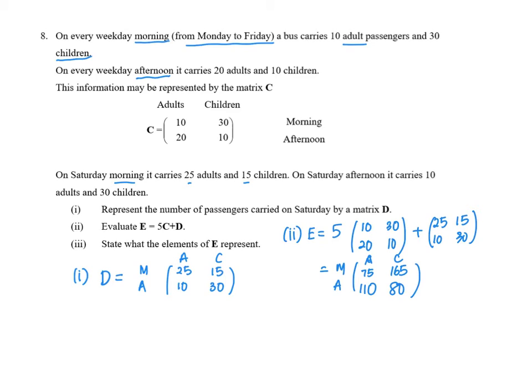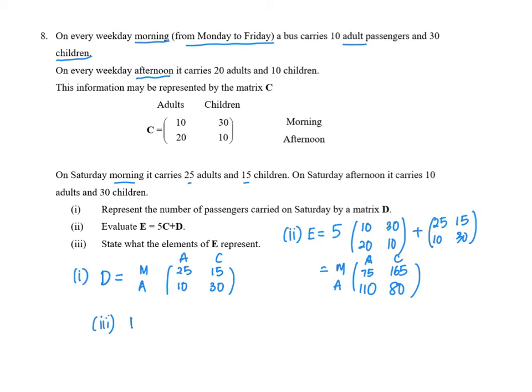So state what the elements of E represent. In this case, we are talking about passengers. And to be more specific, it's not just passengers, it's adult and children passengers.